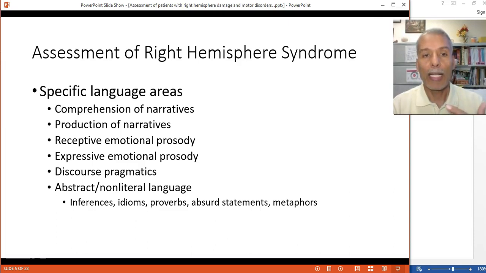It has turn taking. So the ability to comprehend narratives should be evaluated because typically in right hemisphere syndrome, it is impacted. And then the ability to produce narratives, to construct a cohesive, organized narrative where things are connected with each other, where things are, for example, coherent and cohesive.